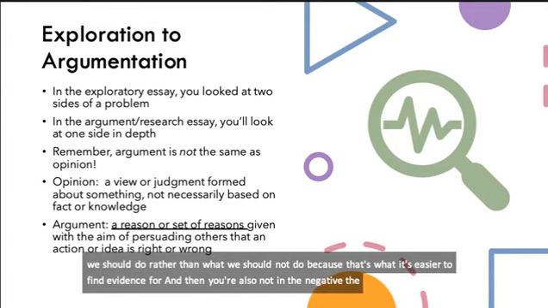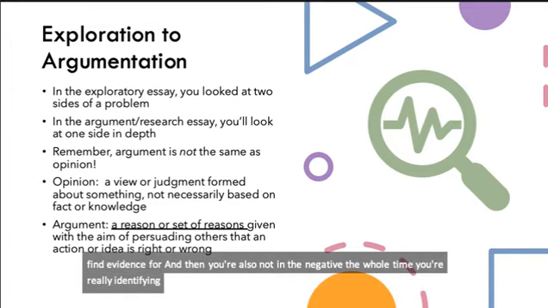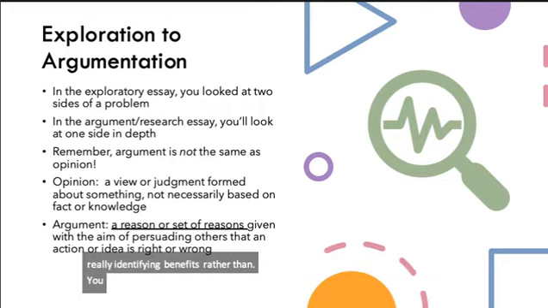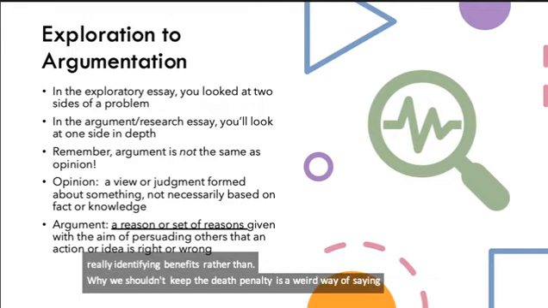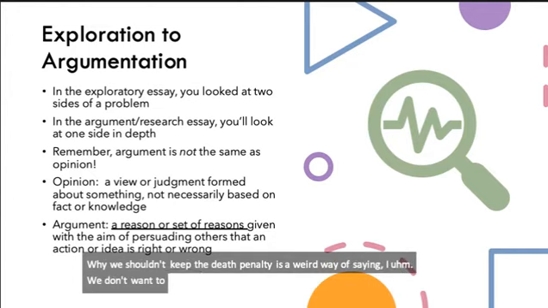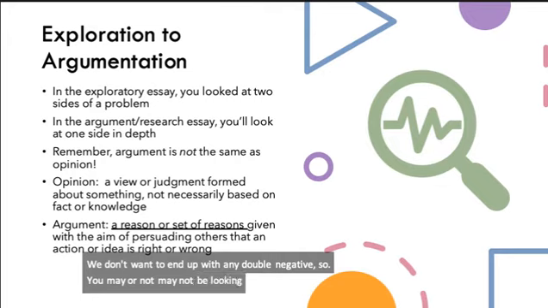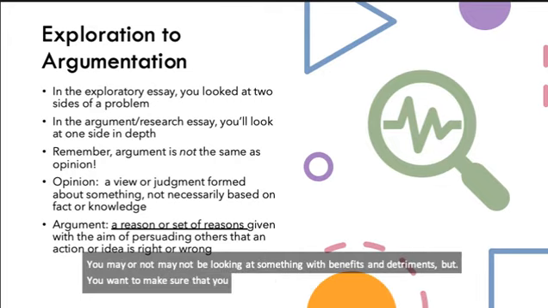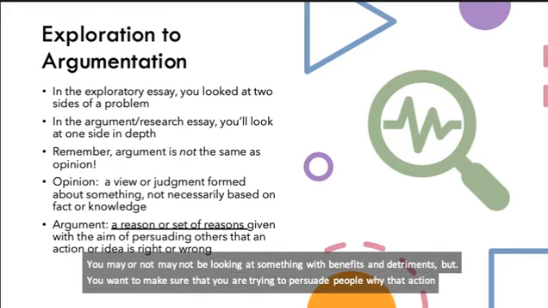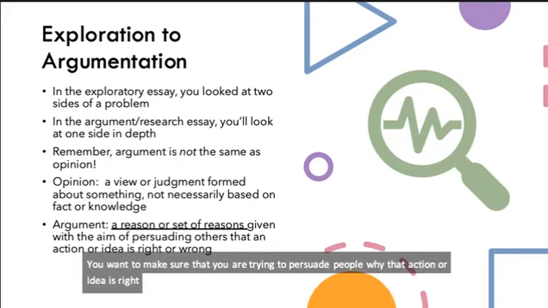You're really identifying benefits rather than, why we shouldn't keep the death penalty, which is a weird way of saying that. We don't want to end up with any double negatives. So you may not be looking at something with benefits and detriments, but you want to make sure that you are trying to persuade people why that action or idea is right or wrong, depending on your topic.